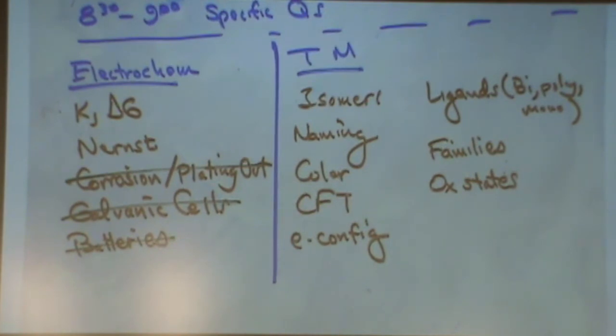Question? Yes? What were you saying about the positive and negative cells? Okay, so what you'd want to know about the galvanic cells is that they're spontaneous, so the E or the voltage would be positive. If it's electrolytic, it's negative. Galvanic cells, because they have a positive voltage, are spontaneous. They happen naturally. Electrolytic cells, that's the opposite one. Electrolytic cells have a negative voltage, meaning you have to connect a battery to make that work.